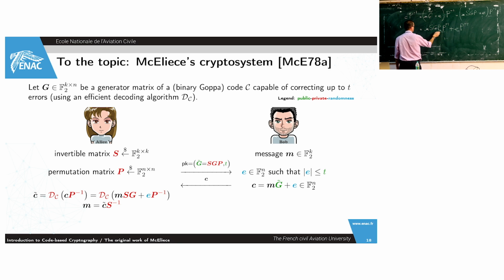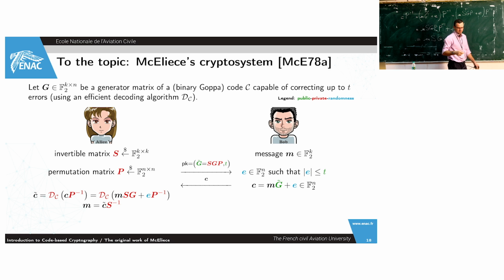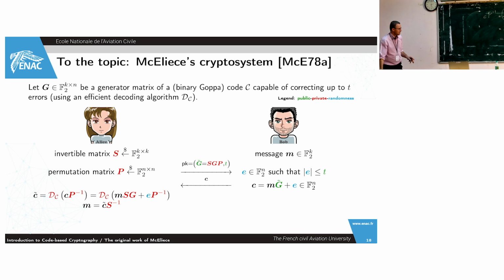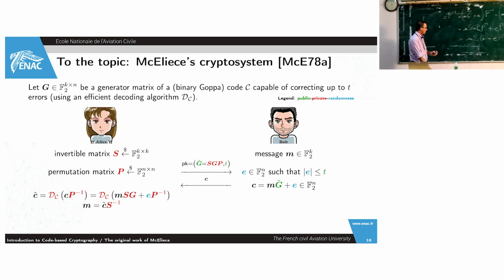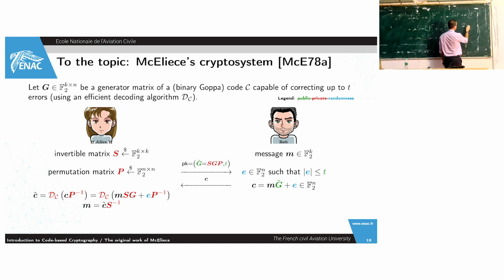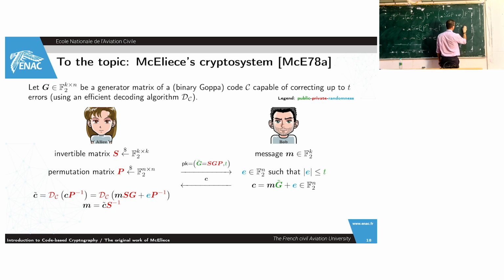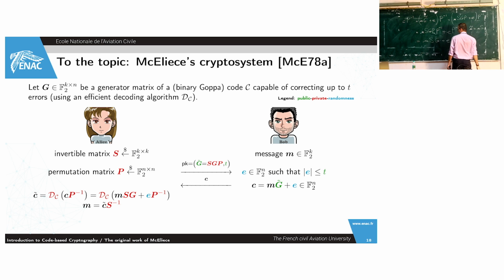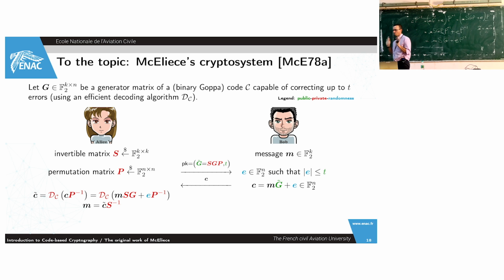So of course, this part here simplifies. And we have M S G plus E P minus 1. Just for a moment, let me help you by writing M tilde equal M times S. Okay? Just for a moment.